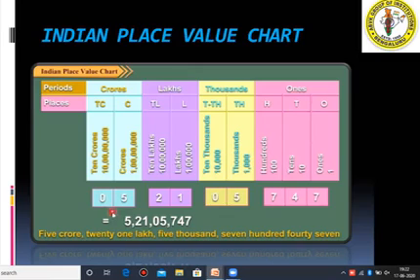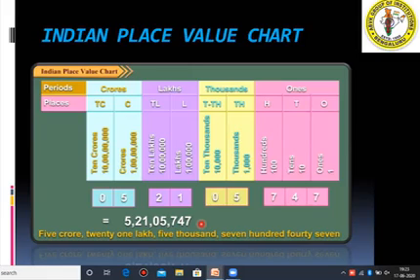So we read this number as 5 crore, 21 lakhs, 5,747. Same way you are going to write it in words: 5 crore, 21 lakh, 5,747. In this way, we learn how to write number names in the Indian system.